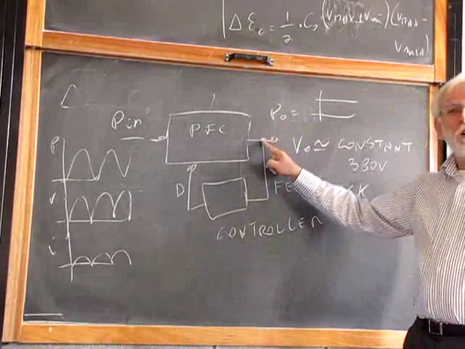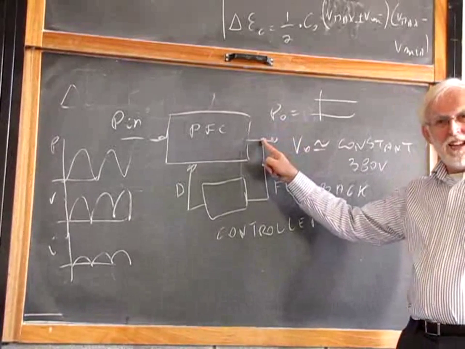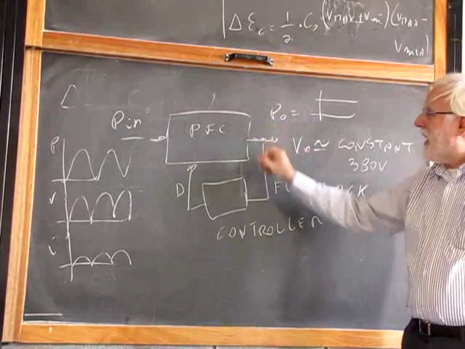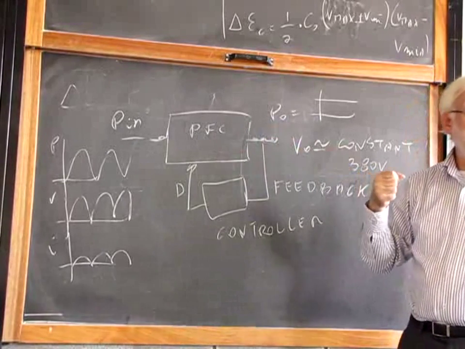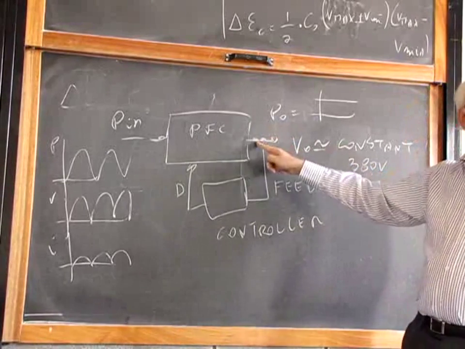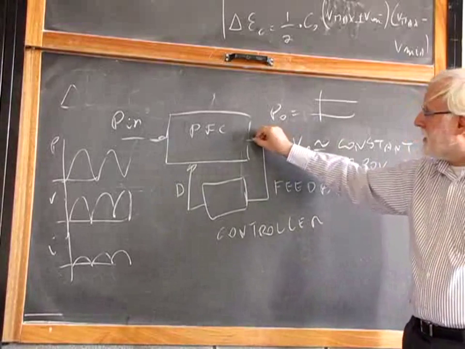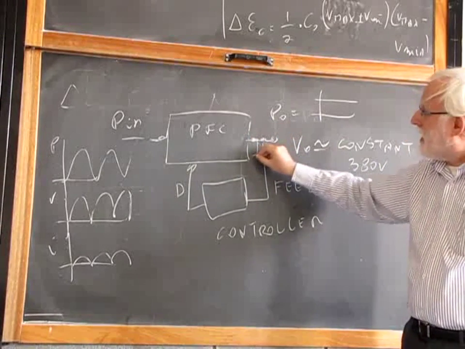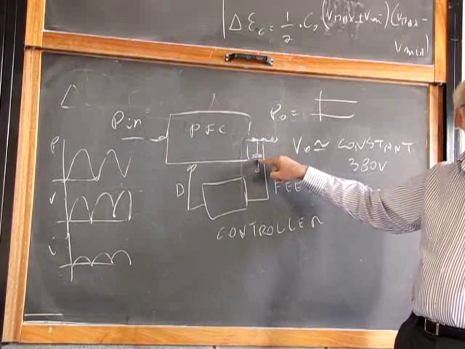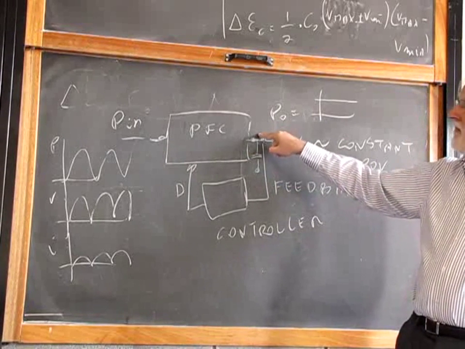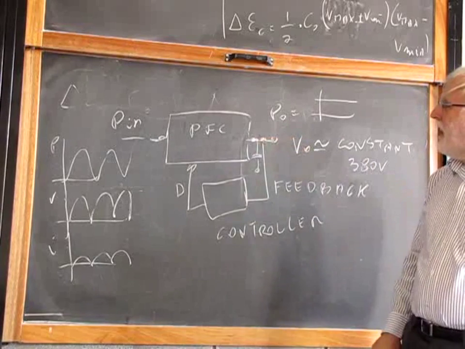If I keep the output voltage constant over here, it means that I am trying to get out from my PFC a constant power. Output voltage constant means that the output power is constant, which means that I am not storing or retrieving from the output capacitor. It means that I have no ripple.